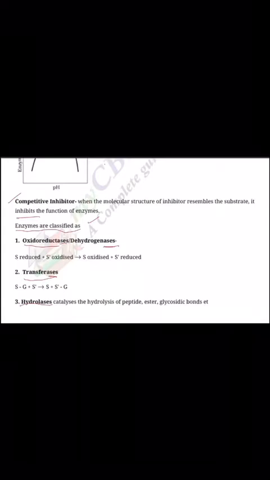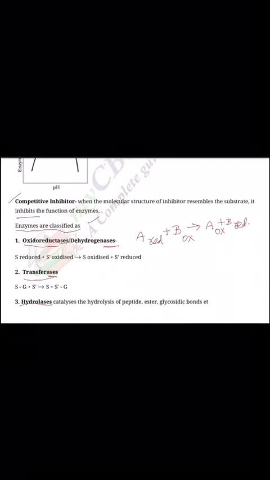Example, the first one, oxidoreductases. In oxidoreductases, the type of reaction is that substrate A, for example, is getting reduced, and B is getting oxidized. So when you get this product, A will be oxido and B will be reductase.